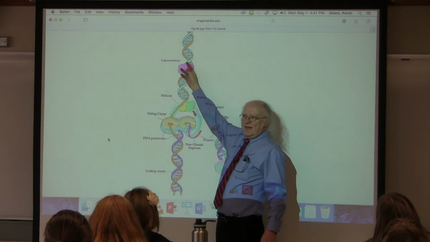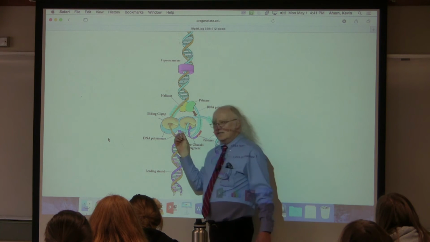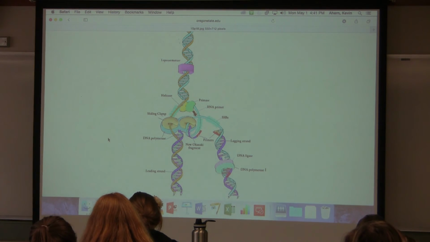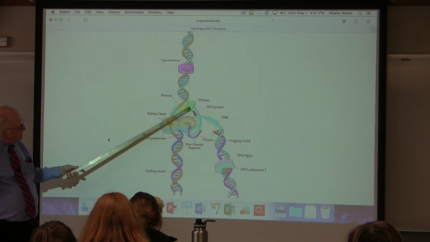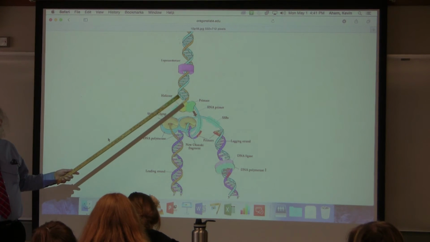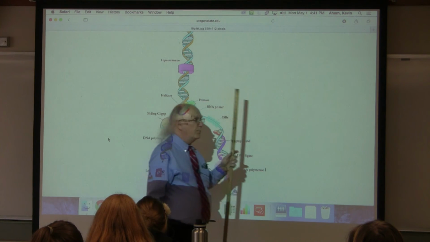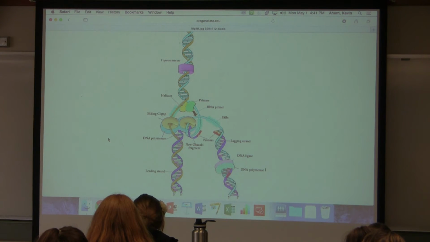And so to reduce that tension and go back to the more relaxed state, cells have enzymes called topoisomerases, and their job is to release the tension that gets built up by the helicase. The primary topoisomerase that's involved in DNA replication is called DNA gyrase.